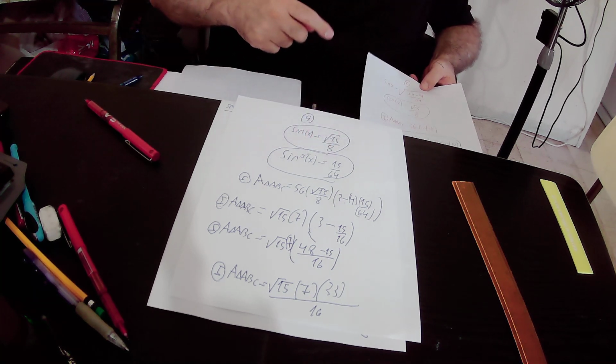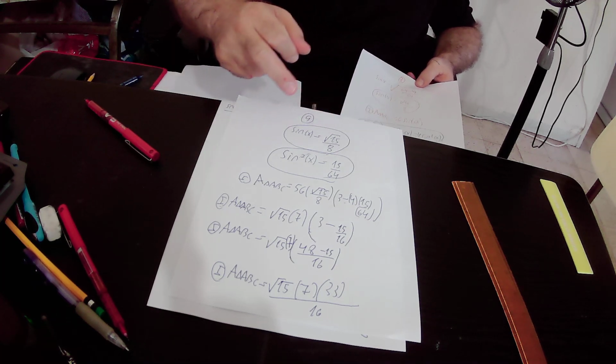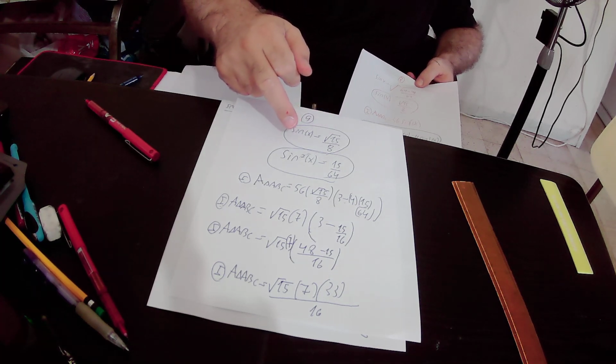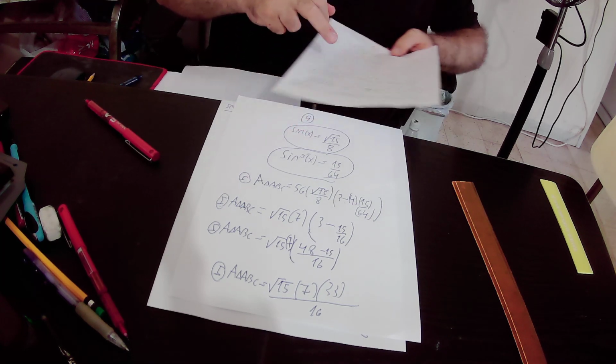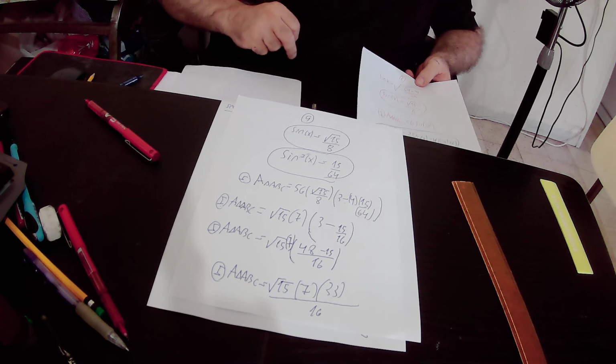So we can substitute sine x by root 15 over 8, and we can substitute sine square x in this equation number 1 by 15 over 64.